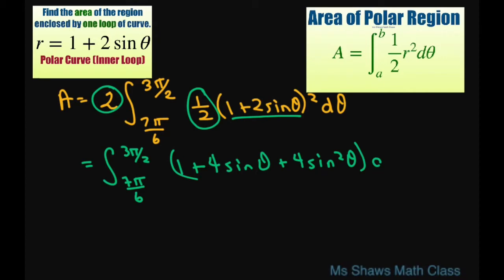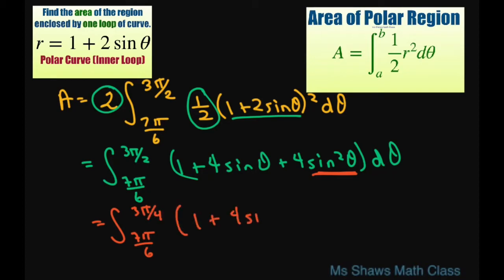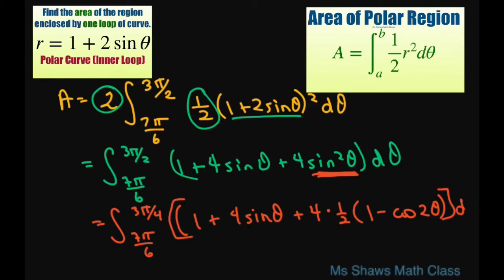To make integration easier, I'm going to expand this. So this is going to be the integral from 7 pi divided by 6 to 3 pi divided by 2, and just copy everything down until we get to this. For the identity for sine squared of theta that I'm going to use, it's 1/2 times 1 minus cosine of 2 theta, d theta.